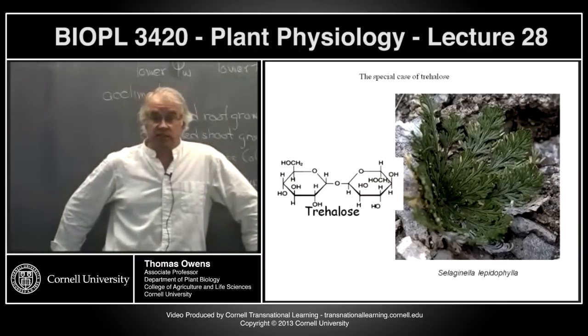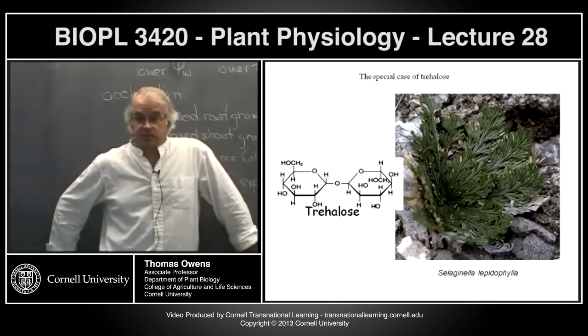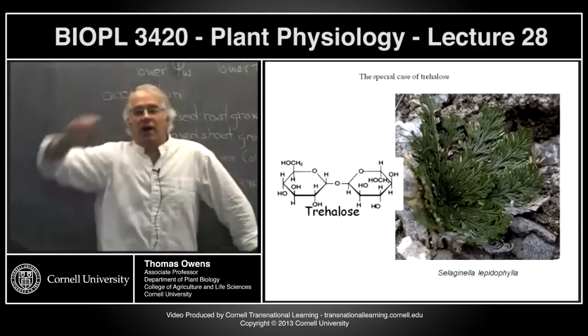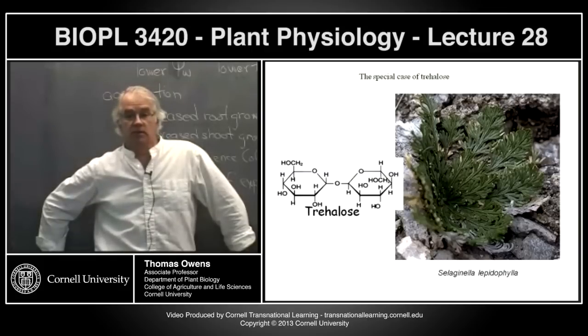Interestingly, until recently, trehalose wasn't even thought to be present in plants. Any of you read the poster outside my office door? So I work with a group of scientists over in biotech who work on manipulating rice to overcome stress responses.